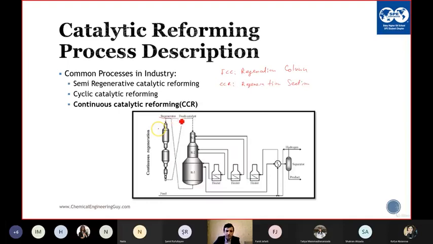So this is not just one piece of equipment. Here you have heat exchangers, pumps, etc. It's a separate system, but it is connected to the main process. That's why it's called continuous catalytic reforming.